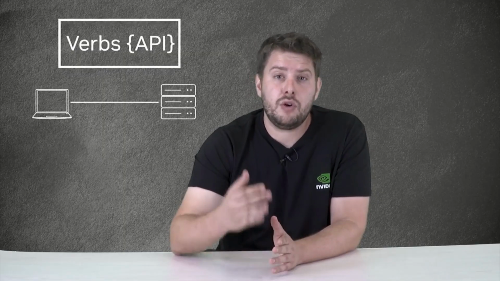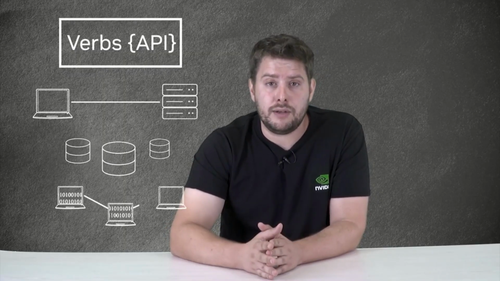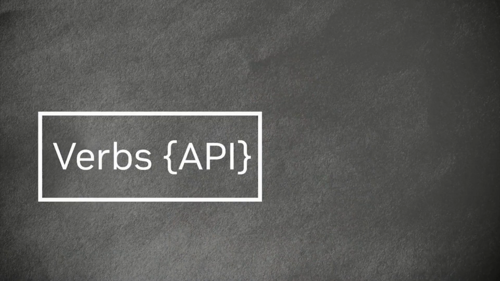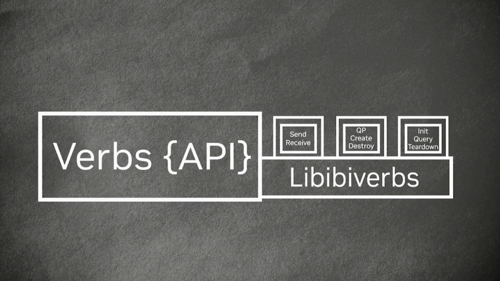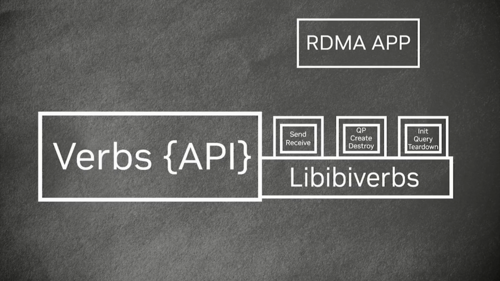It's also useful for multiple types of applications, from client-server applications, the ones that we usually use sockets for, and also storage, AI, and parallel computing. libibverbs is the user space library for RDMA applications.